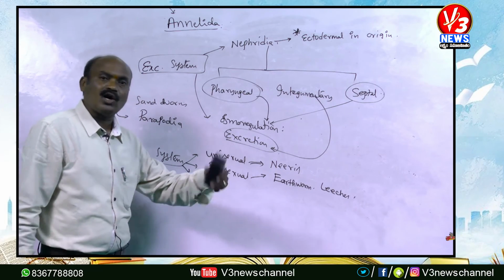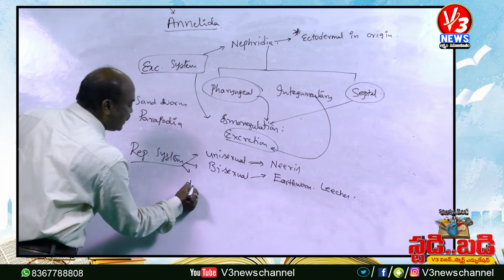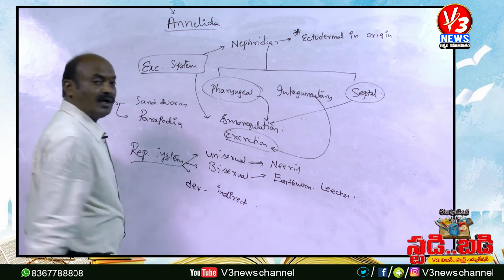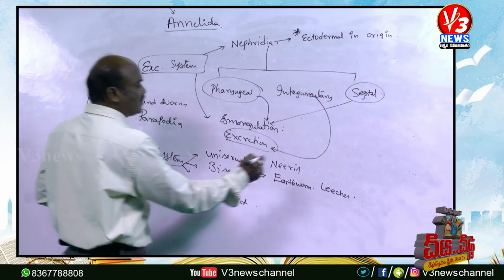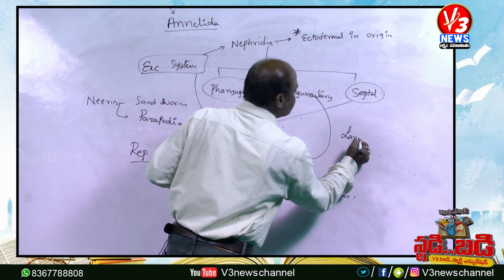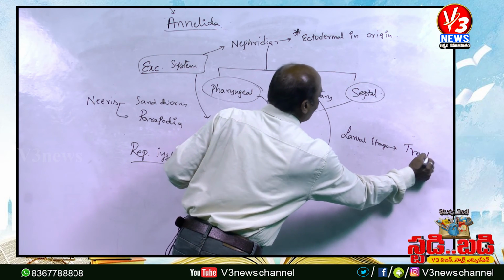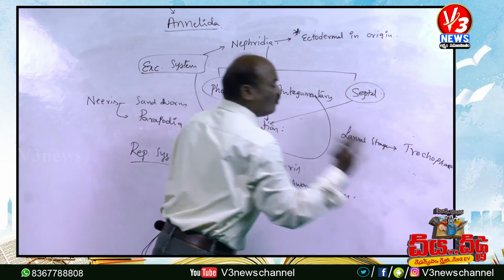In earthworm-like organisms, the fertilization is external and the development is indirect. Indirect development means the presence of larval stages. Here the larval form is called a trochophore.